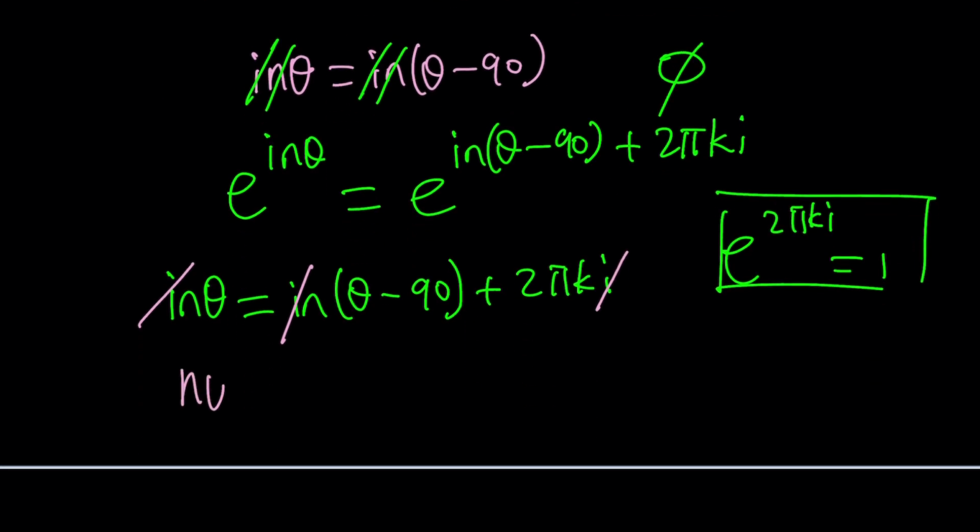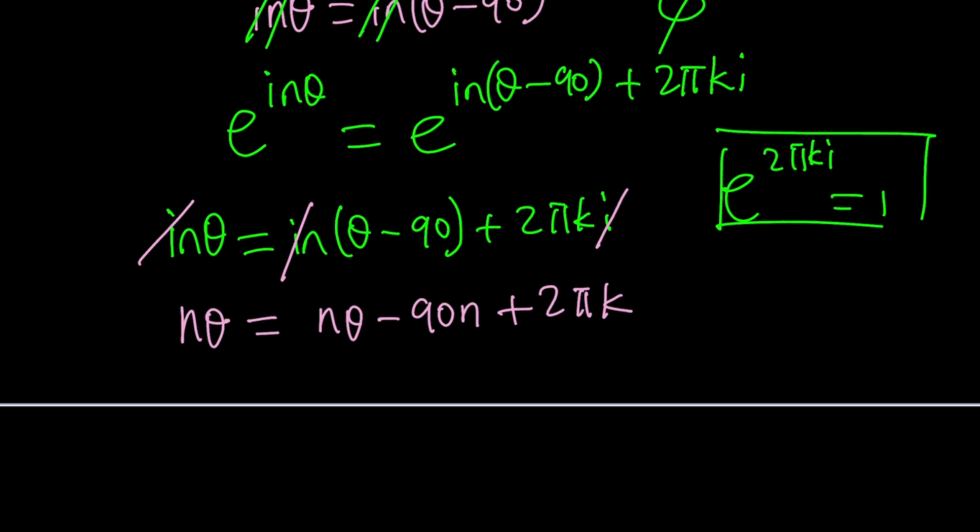We're going to get n theta equals n theta minus 90n, plus, and again, remember, we're not trying to solve for theta because we could easily do that with the arctangent. We're trying to solve for n, so that would be helpful. Then we can cancel these out as well, and 90n equals 2 pi k.